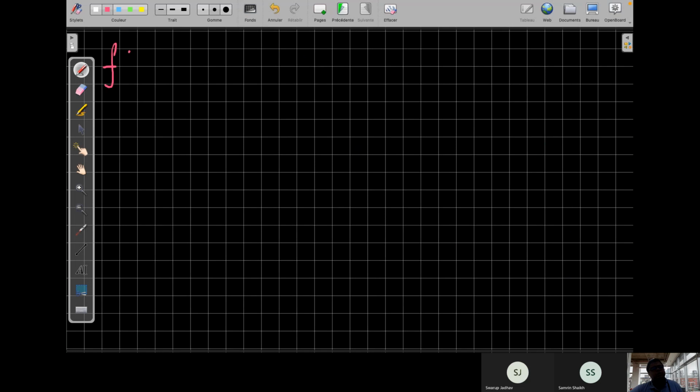The thing is that I am trying to compute f of x plus h, and this f of x plus h is written as f of x plus h into f prime of x, that is the first derivative.